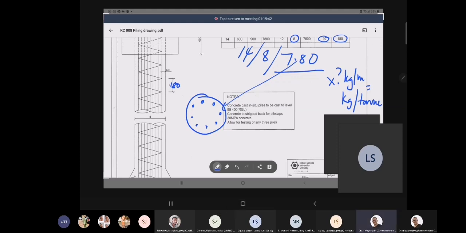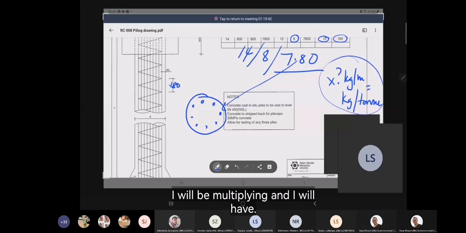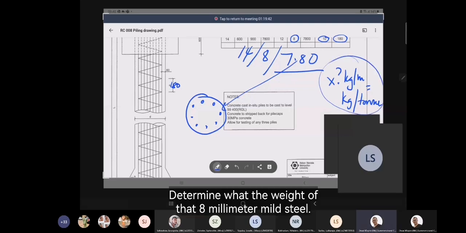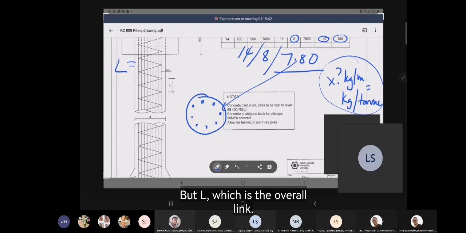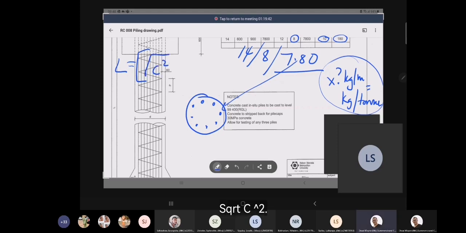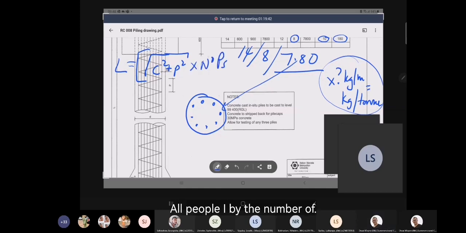Again, I will be multiplying and I will have to determine what the weight of that mild steel spiral reinforcement would be. So my formula says to me that L, which is the overall length, is equal to the square root of C squared plus P squared, multiplied by the number of P's.